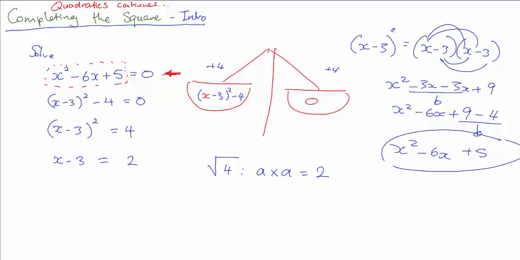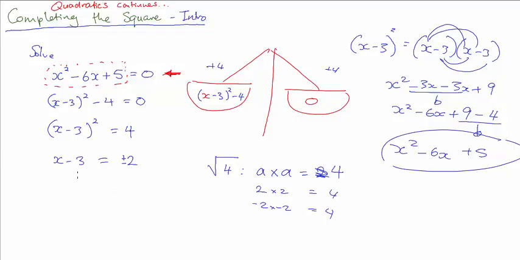I'll talk about this more in surds, which is our next step after quadratics. Obviously 2 times 2 gives you 4, but minus 2 times minus 2 also gives you 4. So that's why you have to put a plus or minus, because there are two possible ways of doing that.